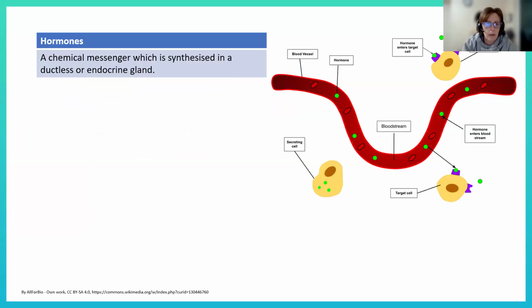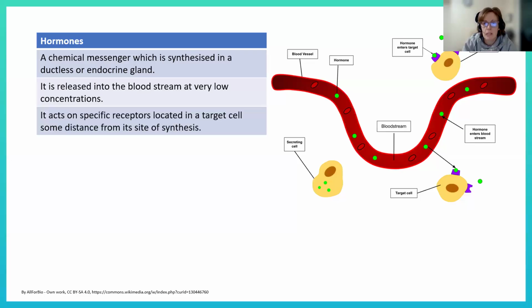So hormones are chemical messengers, chemical molecules that are synthesized in either a ductless or an endocrine gland. They're released into the blood at very, very low concentrations, and then they get picked up by special receptors on target cells.